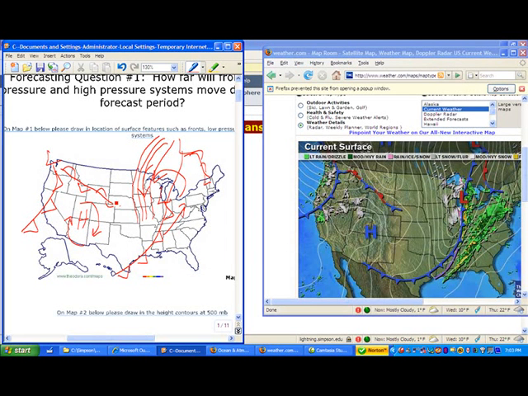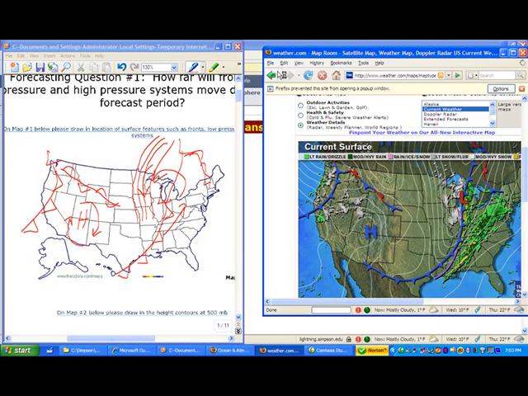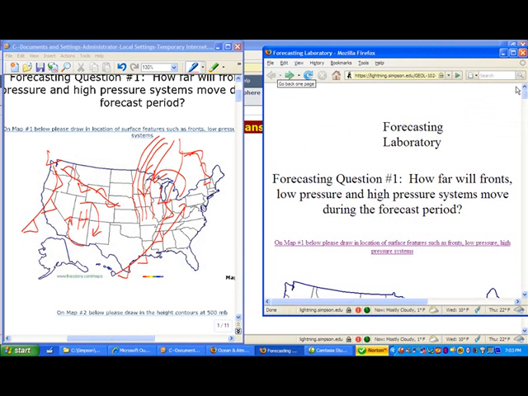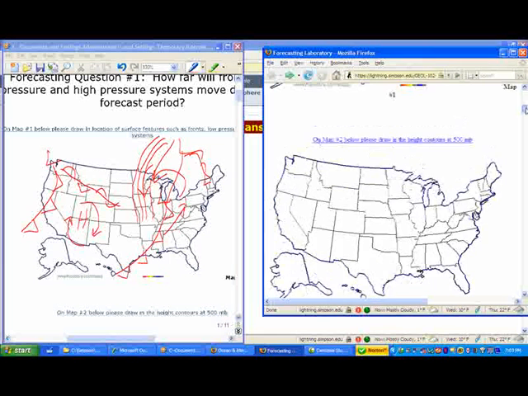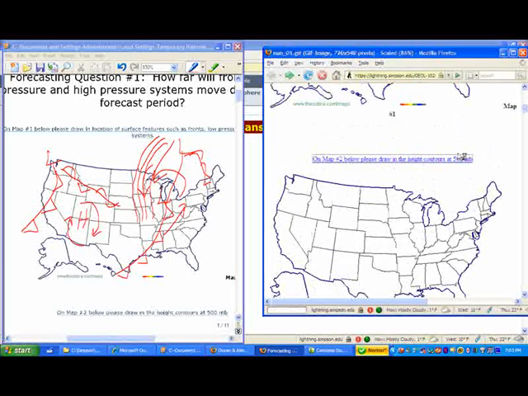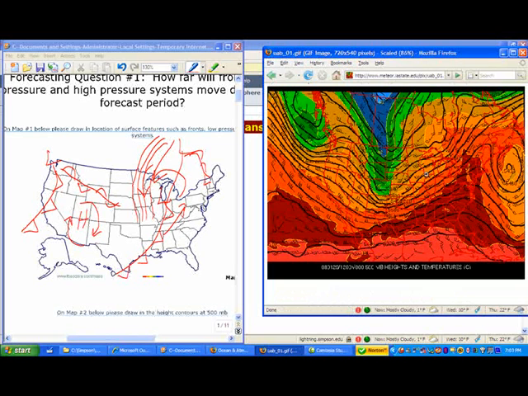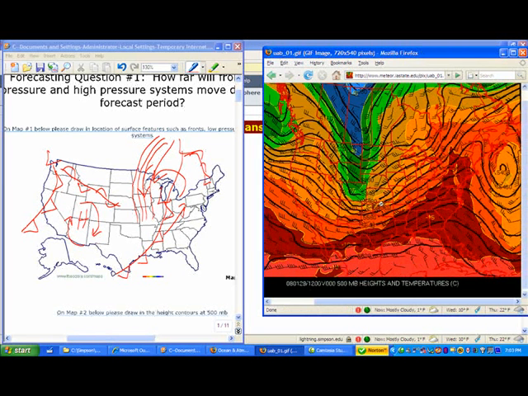Now what would be nice is to figure out where this front is going to move. And you recall, to do that, we would look at conditions at 500 millibars. So let's go back here a second, and look at the height contours at 500 millibars. Now let's get a little bit closer in.